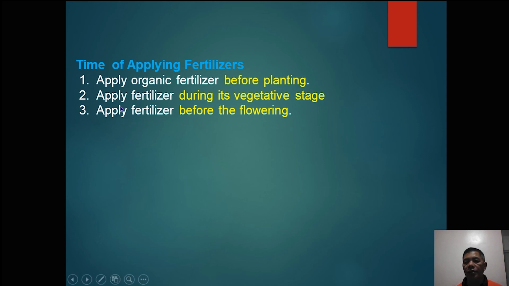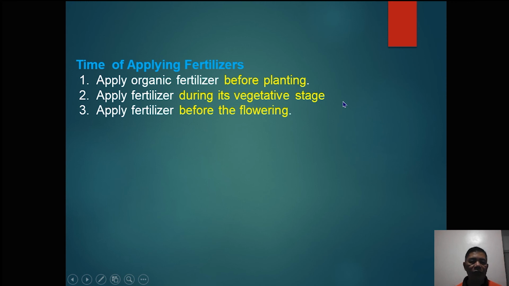Next, apply fertilizer during its vegetative stage. So it's during the vegetative stage, which requires fertilizer. So we need to apply it to the field or plant.